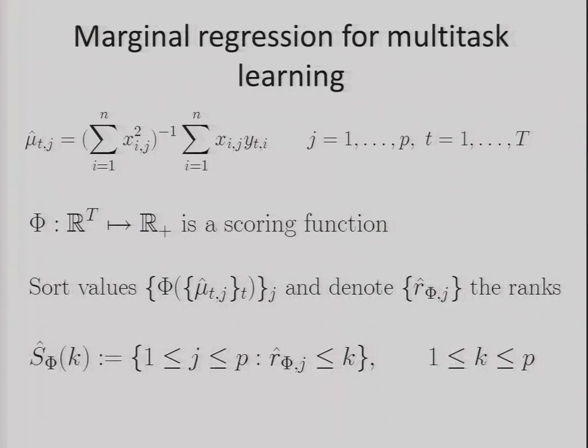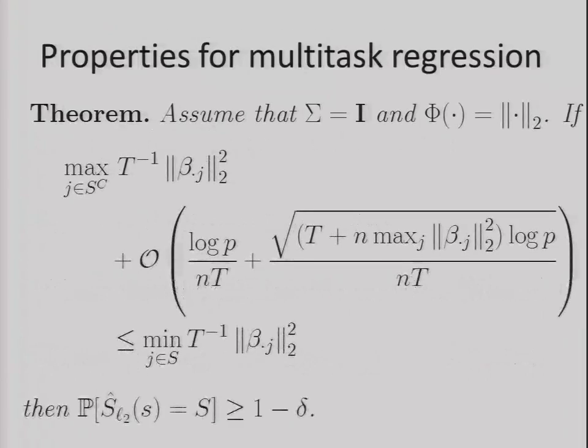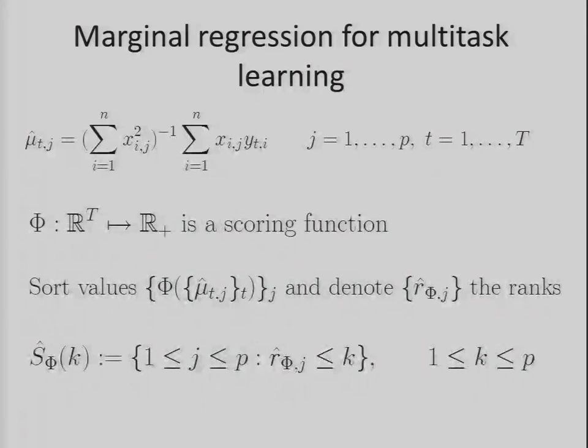Then we have a function psi, which is a scoring function, that takes as an input a vector mu hat tj, indexed over all tasks, and we are going to rank our features based on this scoring function. And again, the recovered support can be taken as the k features with the largest score.